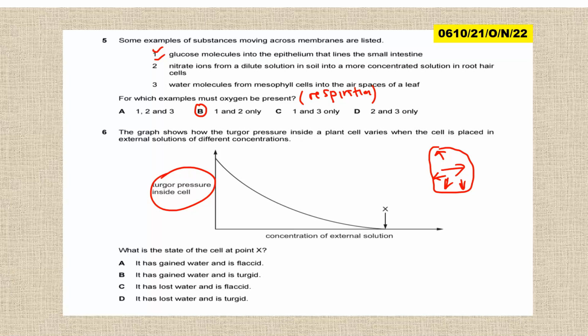So here you have the highest turgor pressure, then turgor pressure decreases, and at X there's literally zero turgor pressure. What is the state of the cell at X? If there's no turgor pressure, it means it has lost water, and that is plasmolysis. It has gained water and is flaccid? No.